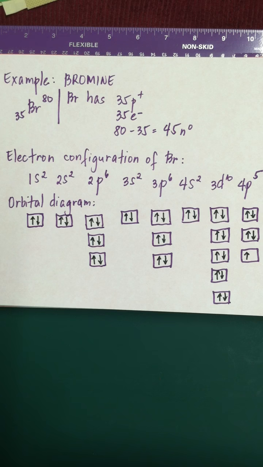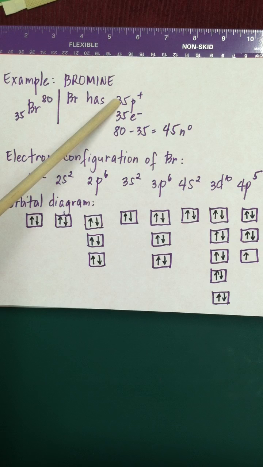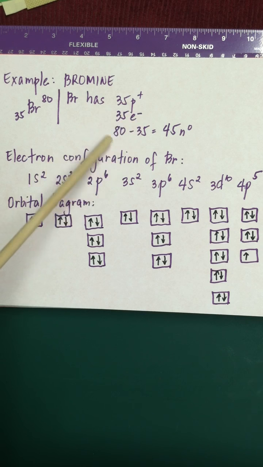So for example, bromine, this is one of the items that you were struggling with yesterday. So bromine 3580, that means it has 35 protons, 35 electrons, and 80 minus 35 or 45 neutrons.